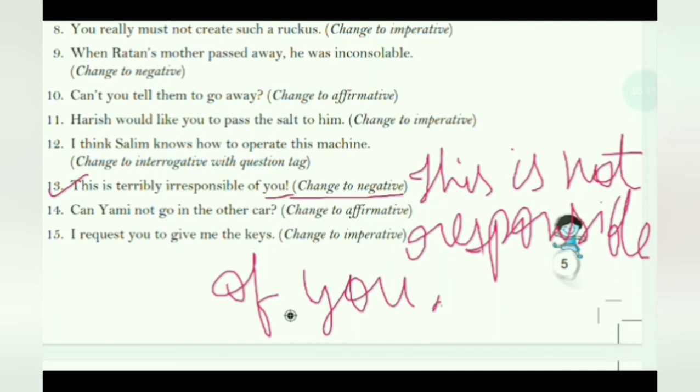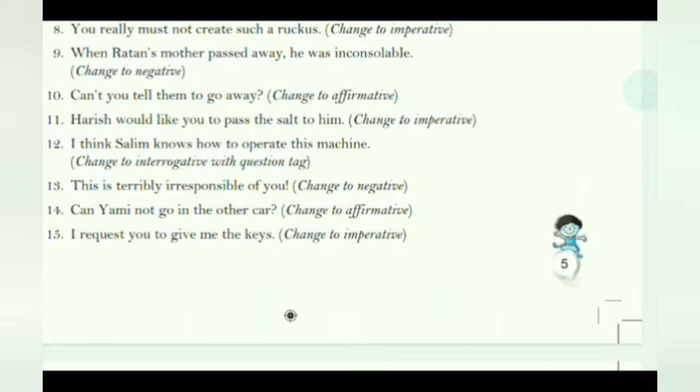Here is an exclamatory sign and we need to put a full stop as it becomes a declarative sentence. Clear?